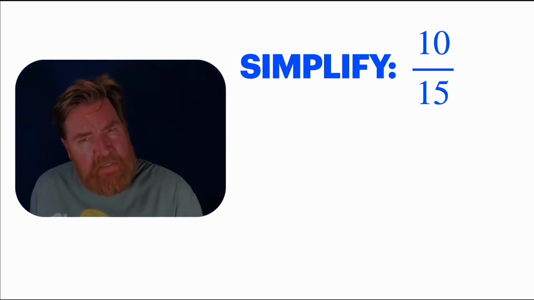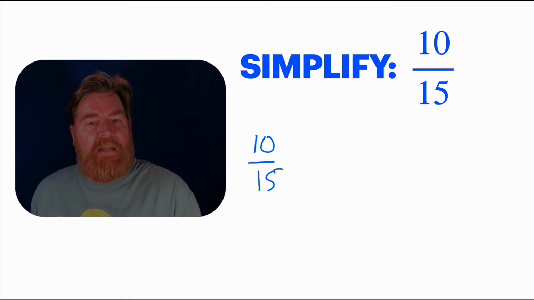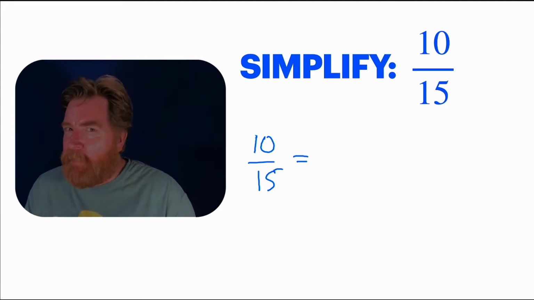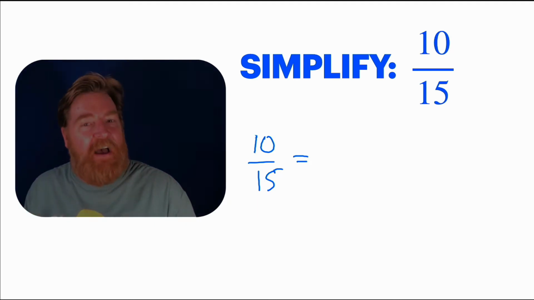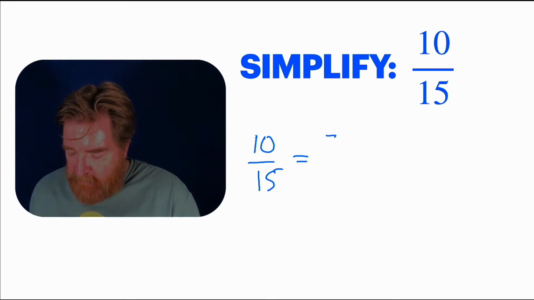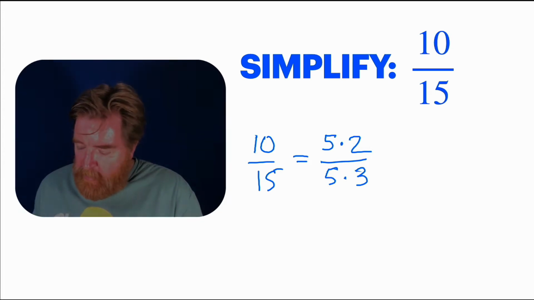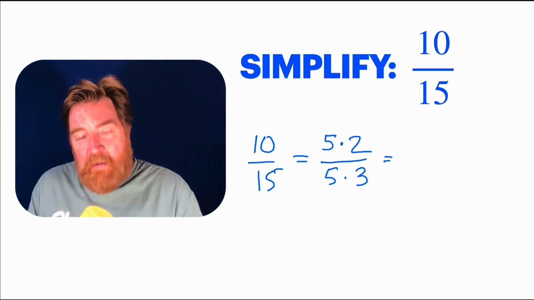Well, I can factor both 10 and 15, because they share a common factor of 5. 10 is 5 times 2, and 15 is 5 times 3. What I want to draw your attention to right now is the 5 in the numerator and the 5 in the denominator.